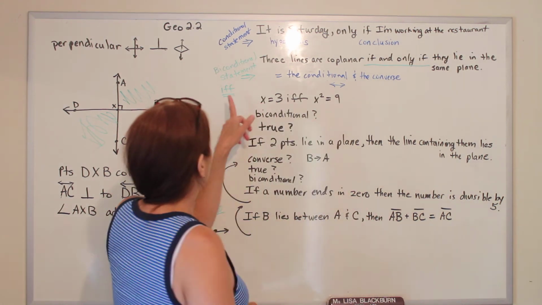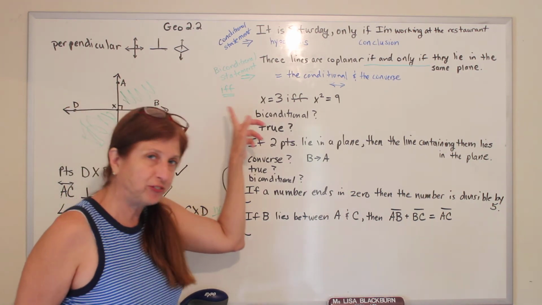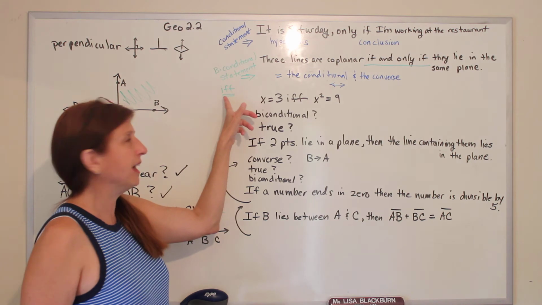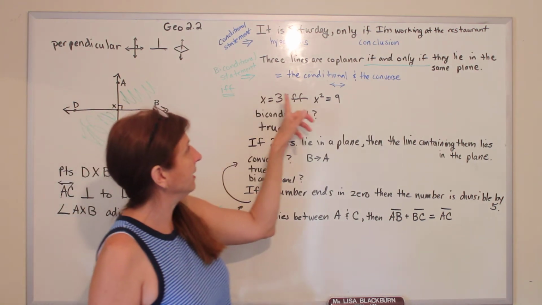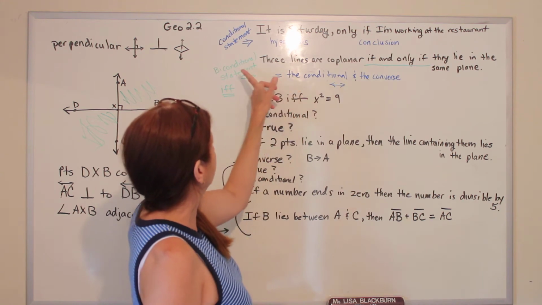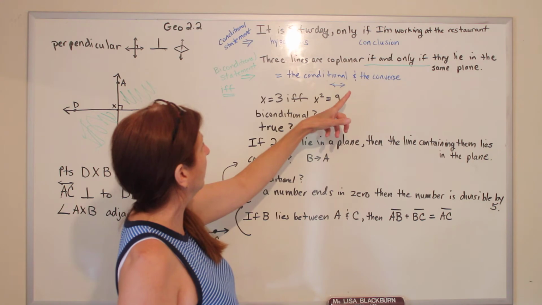Okay? So the way to abbreviate "if and only if" is IFF. So you can abbreviate that, IFF. Okay? So if it is a biconditional statement, you should be able to say it the other way and it should be true also.